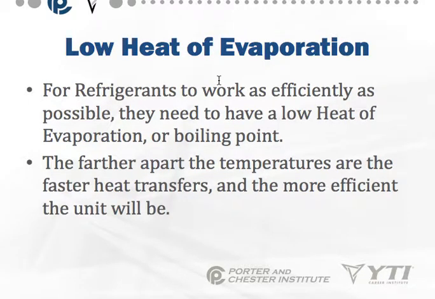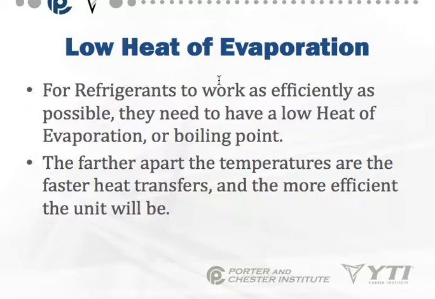For refrigerants to work as efficiently as possible, they need to have a low heat of evaporation or boiling point. The further apart the temperatures are, the faster the heat transfers and the more efficient a unit will be. So in other words, if I have a freezer and if I'm running my evaporator at 20 degrees and I want to have a box temperature of 0 degrees, my difference between my evaporator temp and my box temp is 20 degrees.